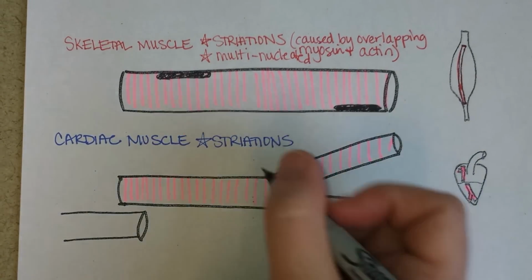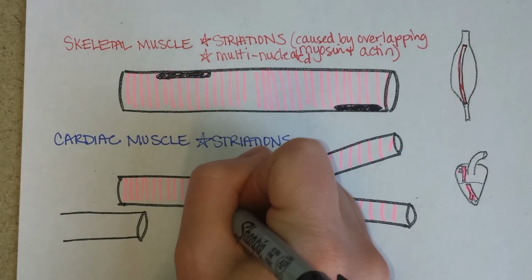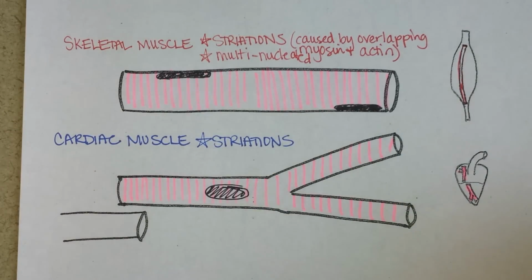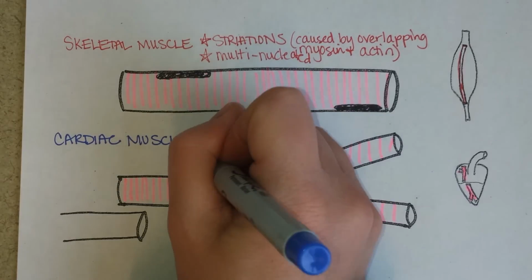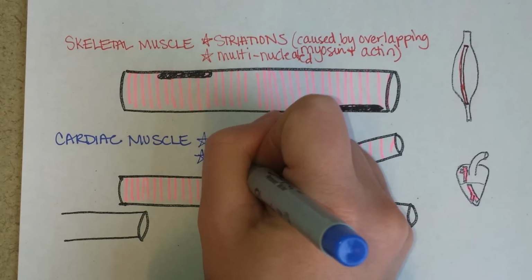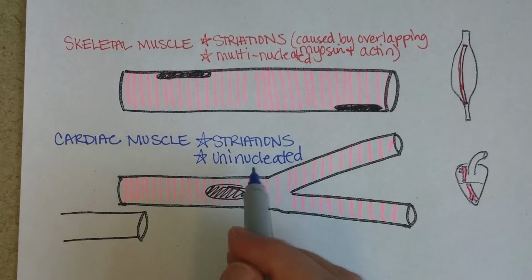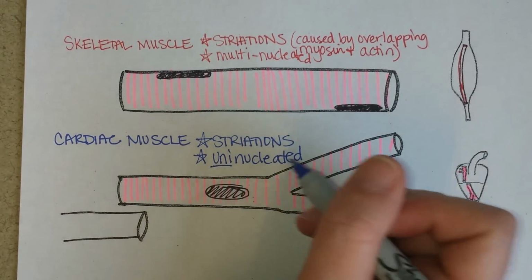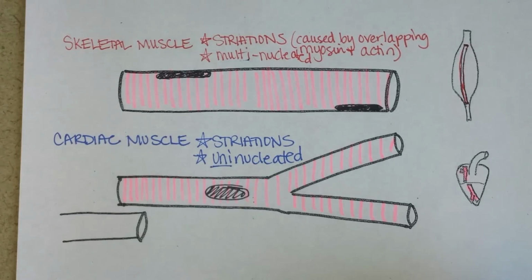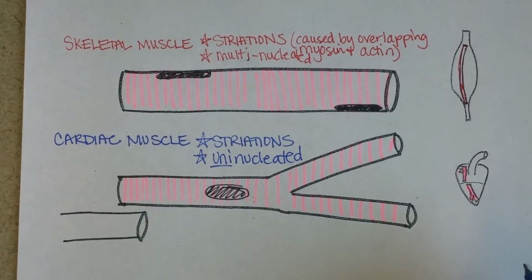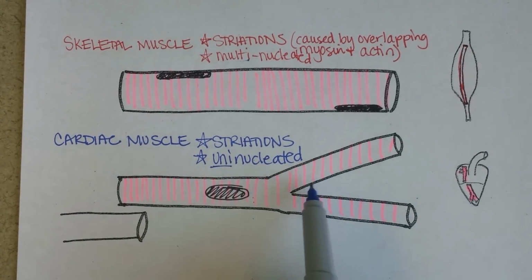Now, what else do you notice? Nucleus, right? But only one. So we say it's uninucleated, like a unicycle, just has one wheel. Uni means one. Multi means many. And then there's one other really cool thing that you might have noticed, that it's separated.